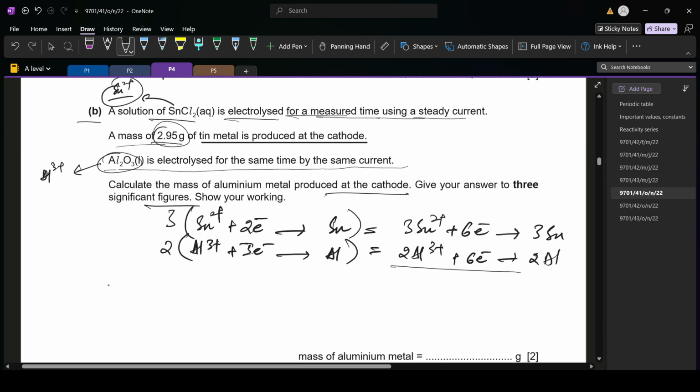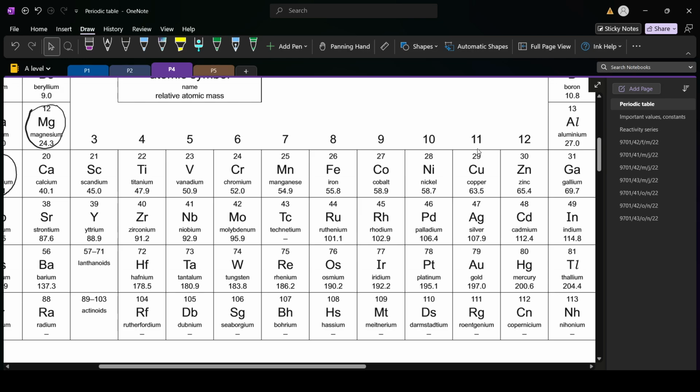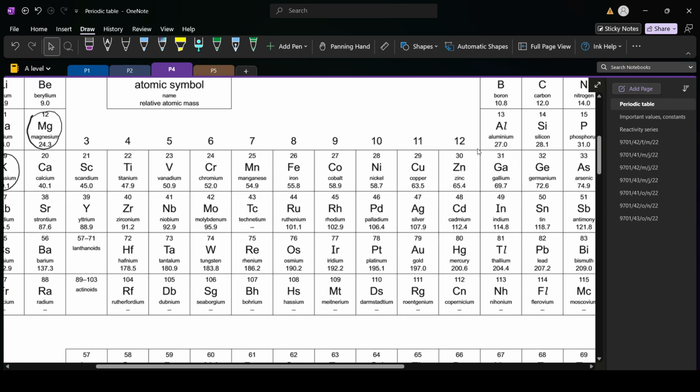The moles of tin that will form is equal to 2.95 divided by Ar. The Ar of tin, you can see from the periodic table, is 118.7. This periodic table, where is Sn?